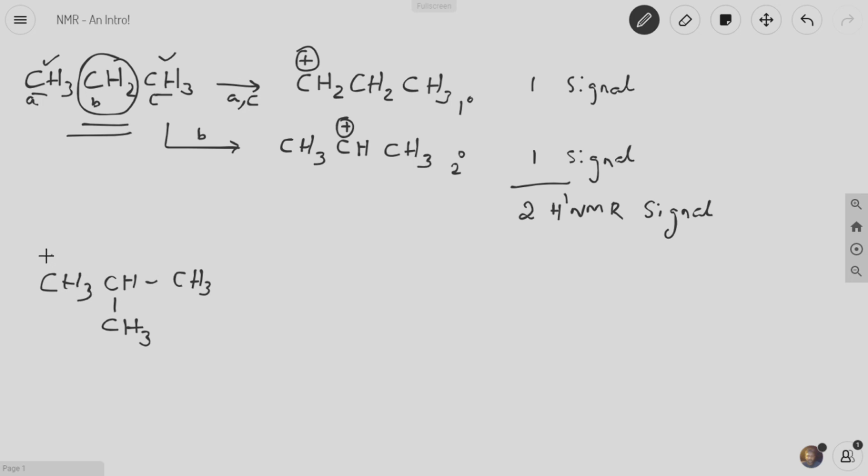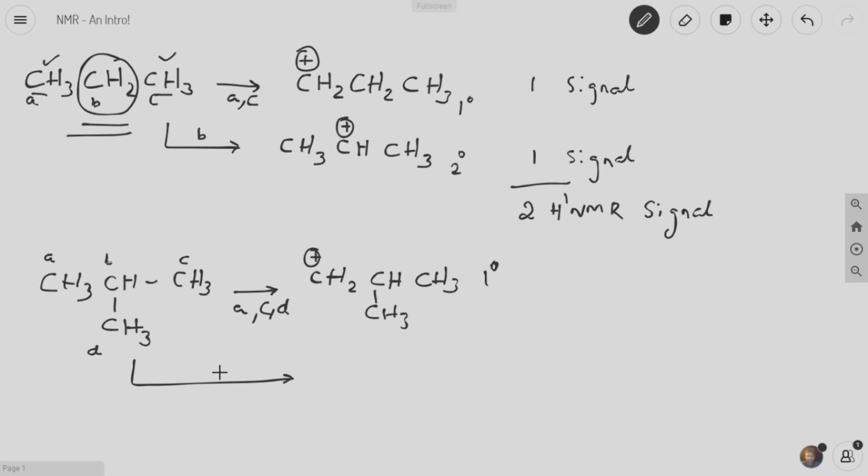So this should be A carbon atom, B carbon atom, C and D. So when I try to remove again a proton from A carbon atom, I am going to get CH2+, CH, CH3, CH3. This is going to be primary. The same I'll get in case of C and D.